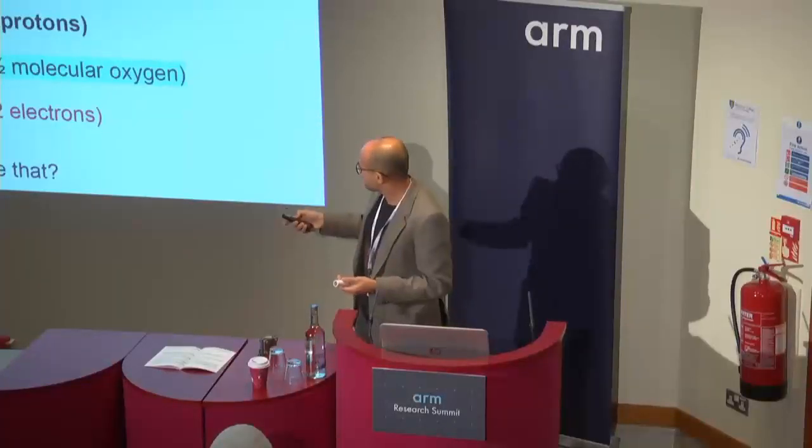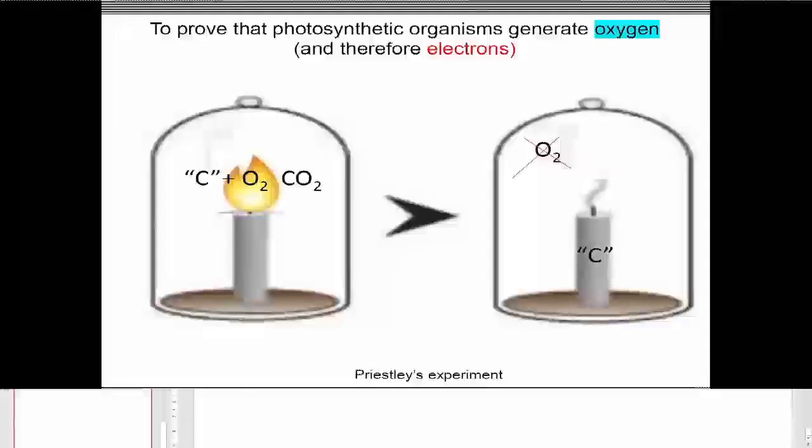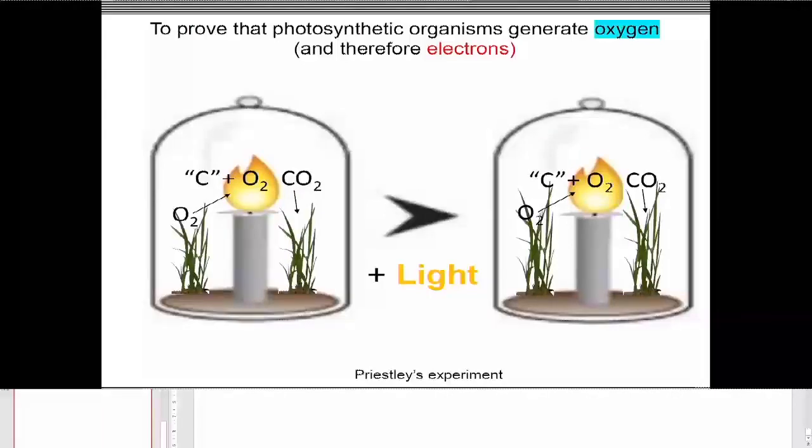More than 300 years ago, a man called Priestley did an experiment where he put a candle under a dome and sealed it. The candle burned by consuming oxygen. So if you put some plant inside the dome and you give enough light, either you're going to burn off all the candle, or at least you're going to lengthen the time for which the candle can burn.